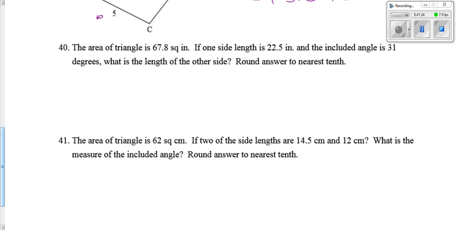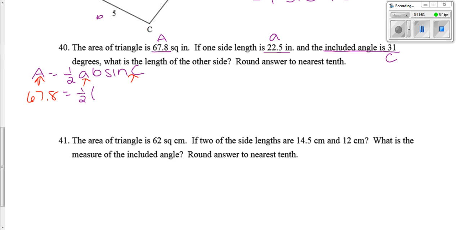All right, the area of a triangle is 67.8. That's our area. One side length is 22.5, and the included angle is 31 degrees. So we have our area, one side, and the included angle. So when we do our formula, I can plug in big A, little a, and C. 67.8 equals 1/2 of 22.5 times B times the sine of 31.